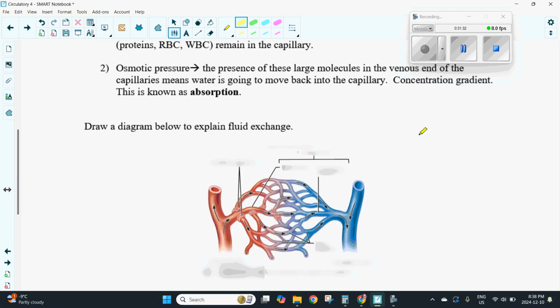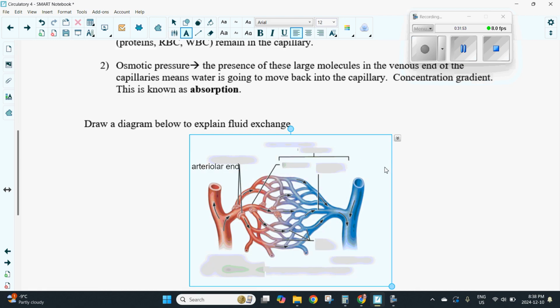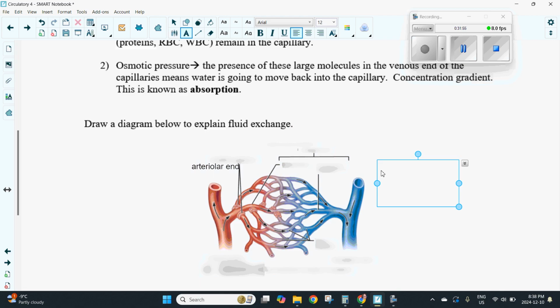Okay, so I have this lovely diagram at the bottom here. I suggest right now that you pause the video and do a rough sketch. You don't have to have all of these here, but sketch out what you see and then label this. This is your arteriolar end, and this is your venule end.